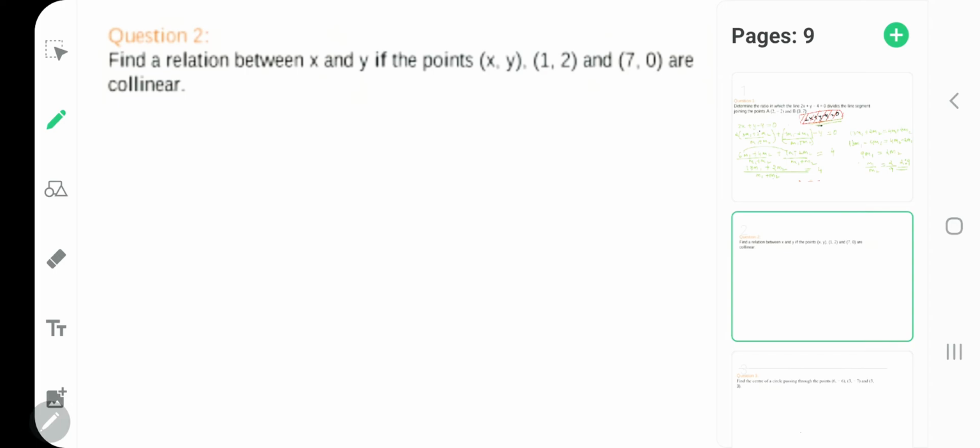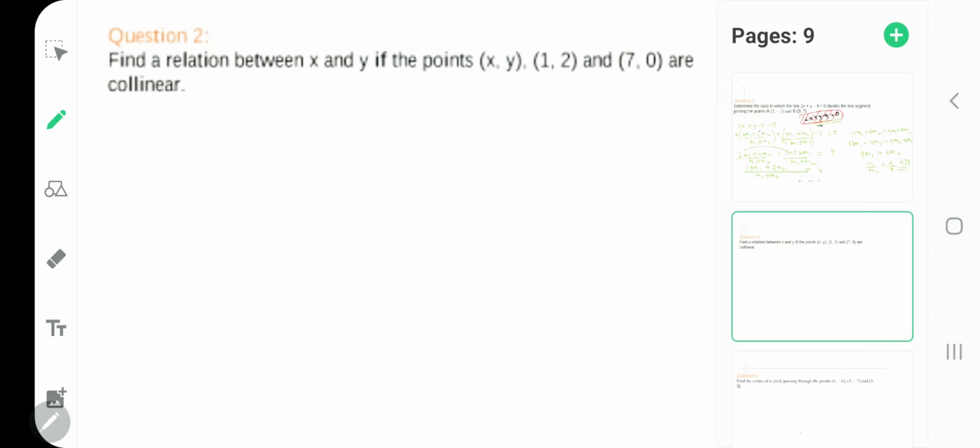Next, you have to find the relation between x and y if the points (x, y), (1, 2) and (7, 0) are collinear. Now my dear kids, if they are collinear, they will not form a triangle.